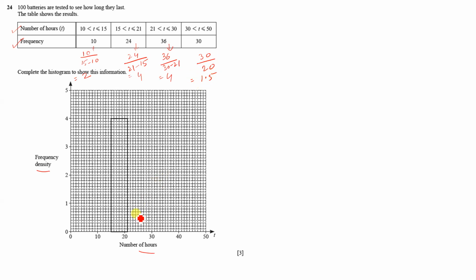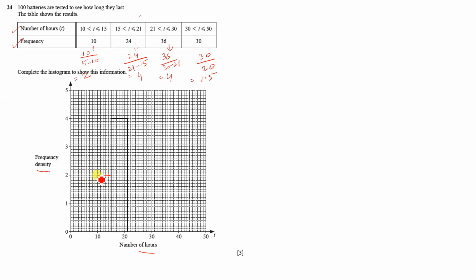Okay, let's draw this. We already have one piece, which is this 15 to 21, and you can see the height of this rectangle is 4. For the first block 10 to 15, the height would be 2. This is how we will draw.